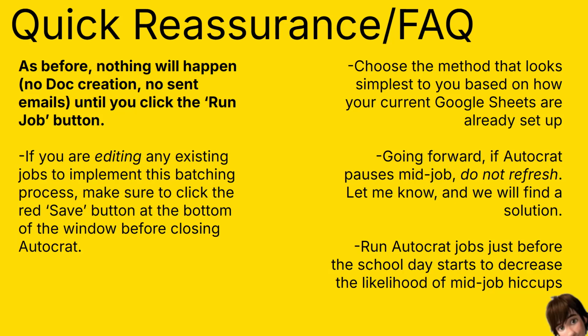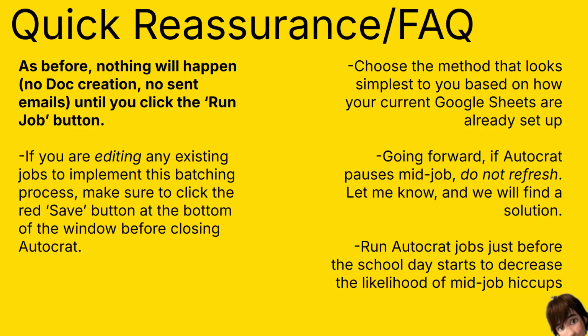And once again, if you are editing any existing Autocrat jobs, make sure you click that red Save button at the very bottom. Nothing will be saved unless you click that, so don't click out of the extension without doing that. Choose the method that looks simplest to you based on however you set up your Google Sheets. It doesn't matter which one, it's just whatever works best with what you're already doing.